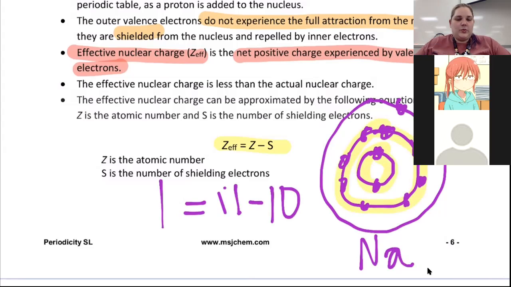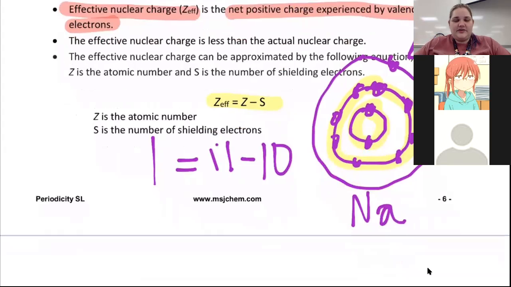So why is this important? Well, depending on that effective nuclear charge and how attracted the electrons, specifically the valence electrons, are, that directly affects the sizes of our atoms. It also directly affects some of the trends we're going to start talking about next class, in terms of how much energy it takes to remove a valence electron, or how easily an atom can attract an electron from another atom.